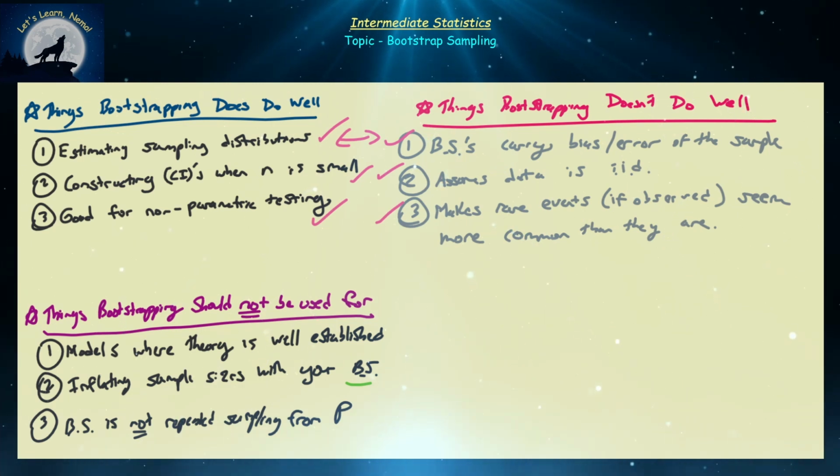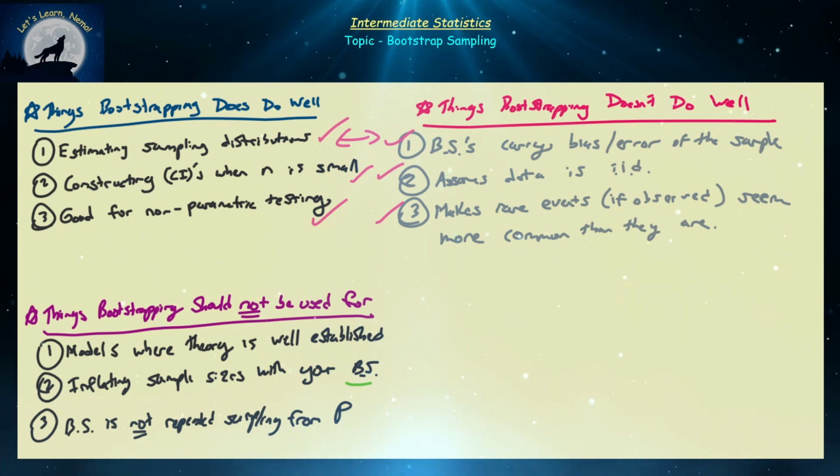Keep in mind, if you have error or bias in your sample, when you bootstrap sample from it, you will carry that bias. So if you inflate your sample size, which yes can make your p-value closer to 0, and you can reject the null hypothesis more often, you are also inflating your bias and your error, which will definitely get you into a lot of ethical trouble if you decide to follow that.